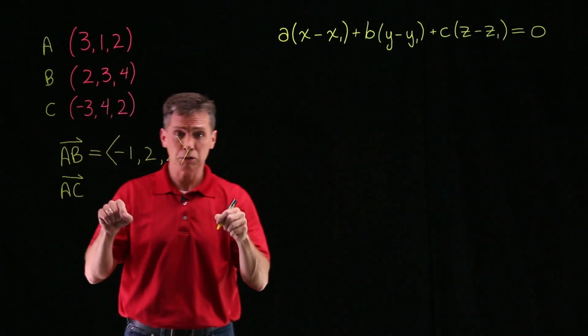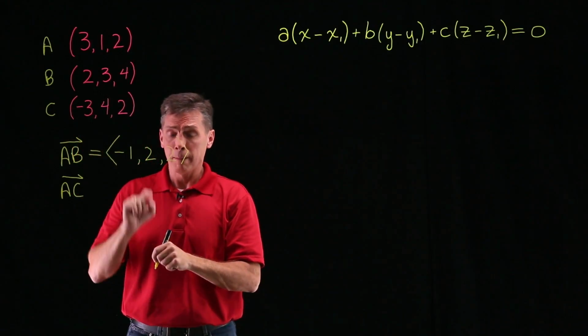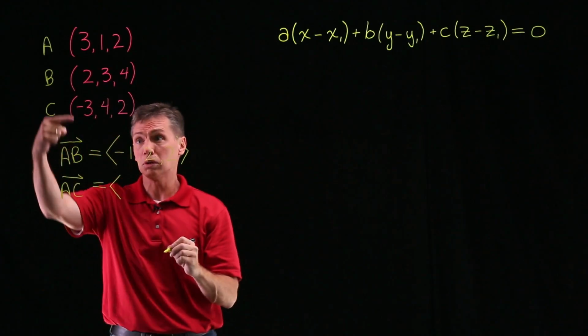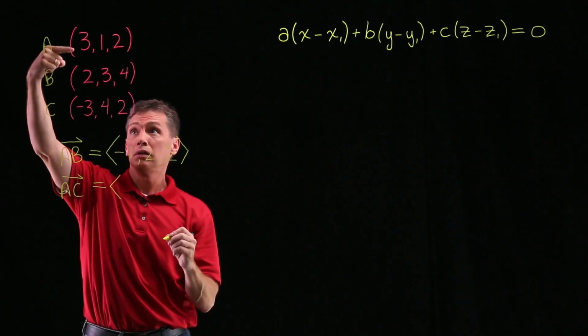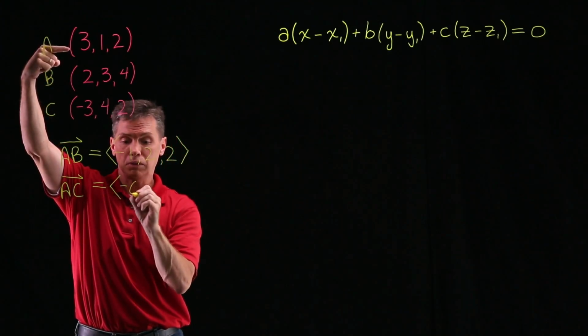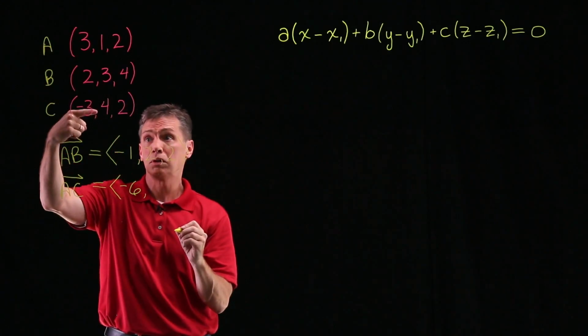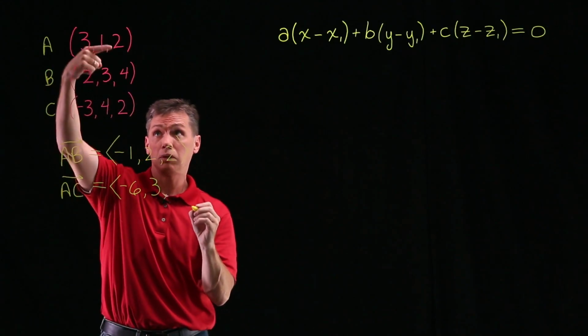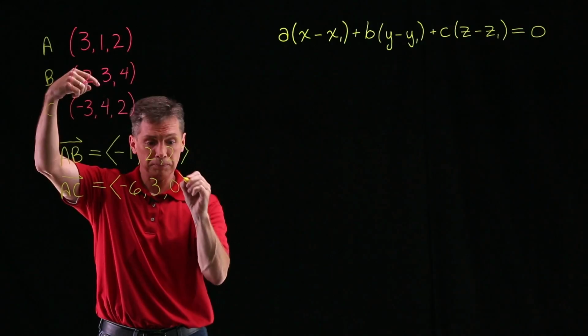So I'll put my little triangular braces on there as well. AC equals, same kind of work, minus 3 take away 3, looks like minus 6. 4 take away 1 is 3, and 2 take away 2 is 0.